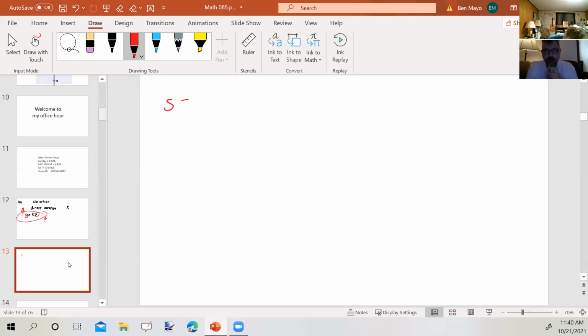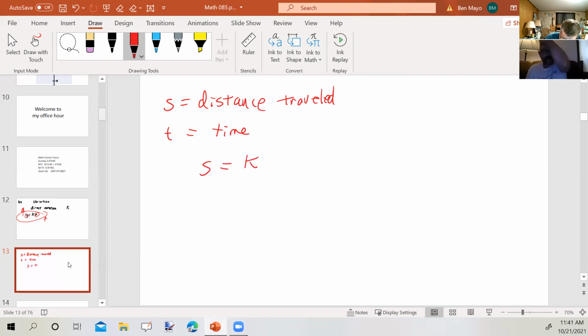So s equals distance, or distance traveled. An object in free fall travels a distance s that varies directly to the square of time t. So t is going to equal time. So s varies directly as the square of time. So s equals kt squared. Again, notice I inserted k there. It wasn't even mentioned, but it's in all the formulas, all the variation formulas. All right. So we've got s equals kt squared.